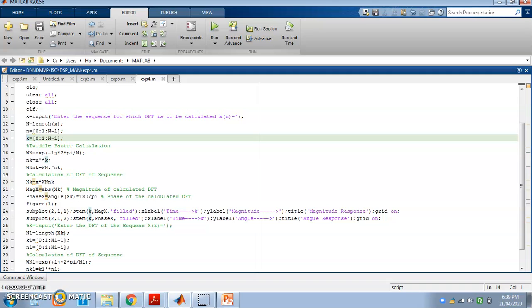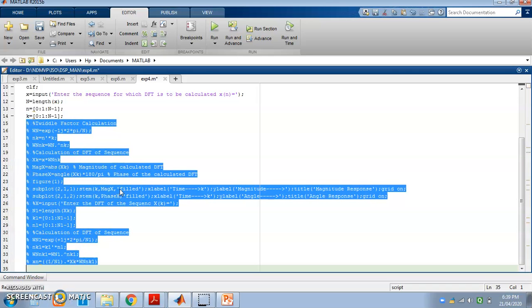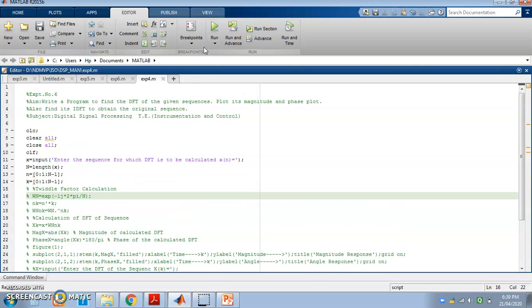Once we have this sequence entered in MATLAB, I will comment the next part of the code and run this code once again.